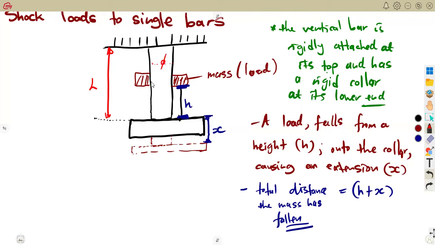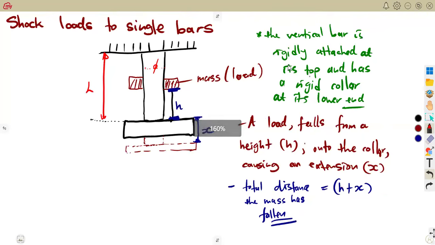Remember, as long as we talk of this extension, we talked of that extension when we were talking about stress and strain. So do not forget your formulas. You still need those formulas. Strength of materials is a continuation from the first formula that you had. You're not supposed to forget any formula because they continue like that.